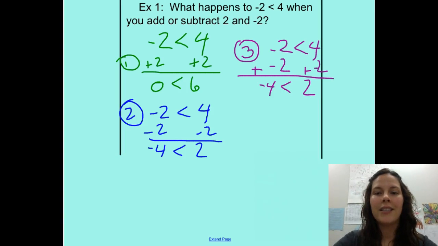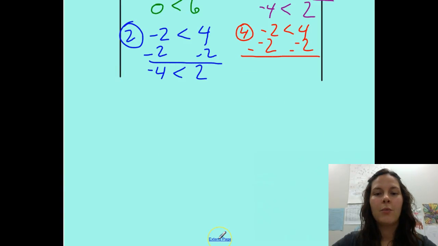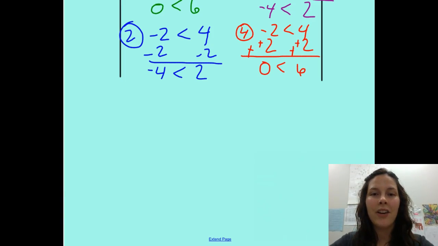And finally, if I subtract -2 from my inequality, with our subtracting rule of add the opposite, we can turn our subtracting a negative into adding, and that's the same as the first one that we saw when we added 2 to both sides. 0 is less than 6. So adding or subtracting any value to both sides of an inequality keeps your inequality true.